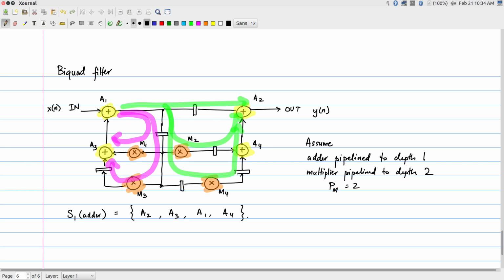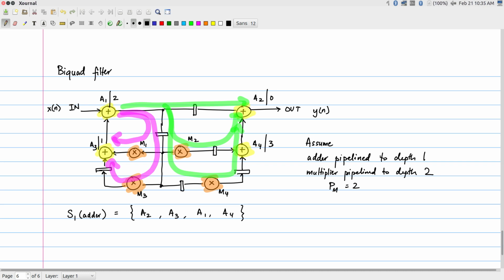In other words, another way of writing this would be to say that A1 is scheduled at time 2, A2 is scheduled at time 0, A3 is scheduled at time 1 and A4 is scheduled at time 3.